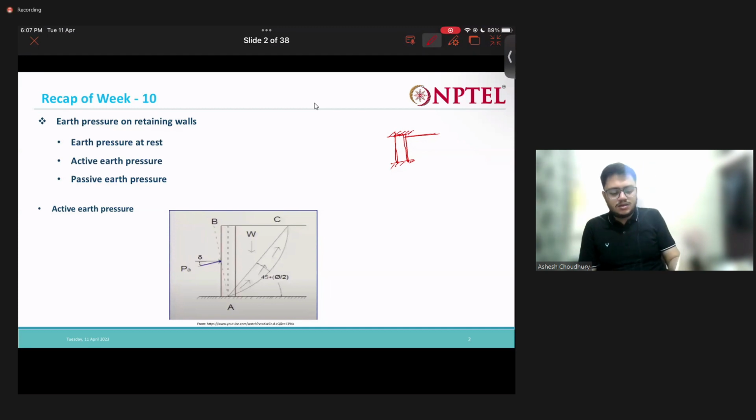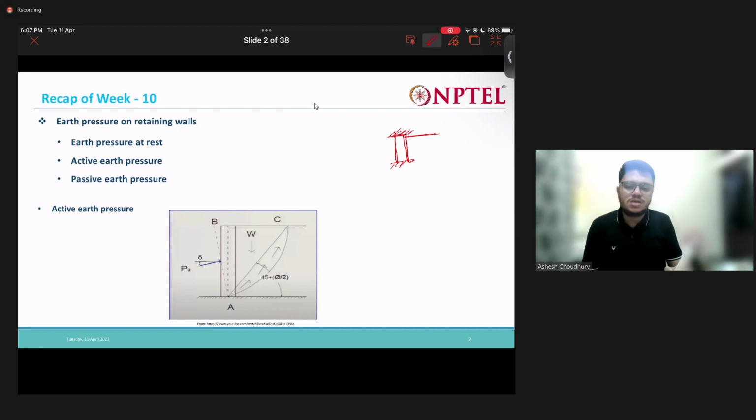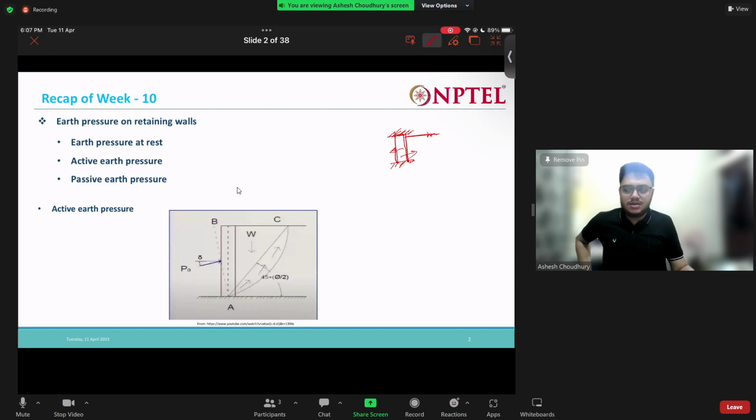This might be the case for a bridge abutment. It's fixed at the bottom, it's fixed at the top, so there is no chance that this retaining wall will move in any direction. In this case, the earth pressure acting on the wall is known as earth pressure at rest.